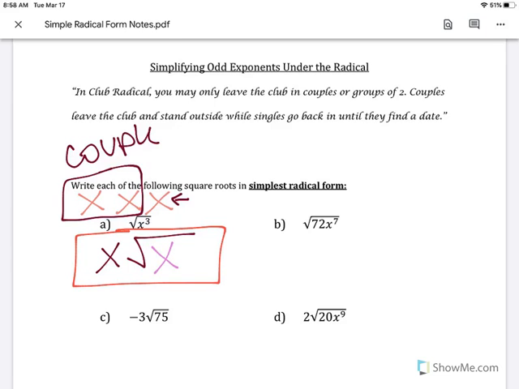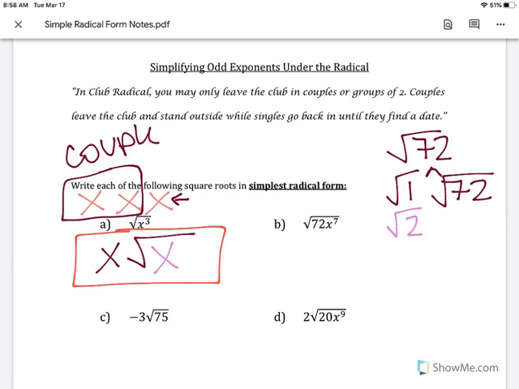So in part B, first we talk about the square root of 72. As you list the factors of 72, you've got 1 and 72. Since it's an even number, 2 will also work, so 2 goes with 36.